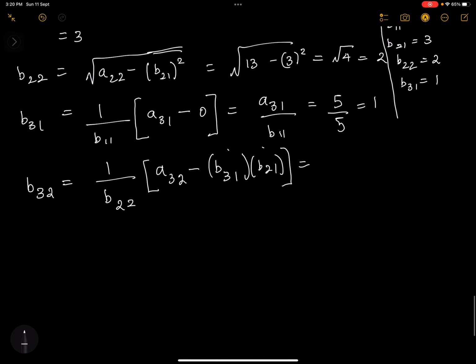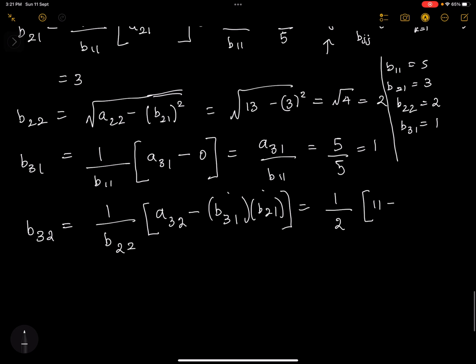And so upon computation, 1 divided by b22 will be 1 by 2, a32 will be 11, minus b31, which is 1, into b21, which is 3. So 11 minus 3 is 8, 8 by 2, which is equal to 4. So b32 is equal to 4.